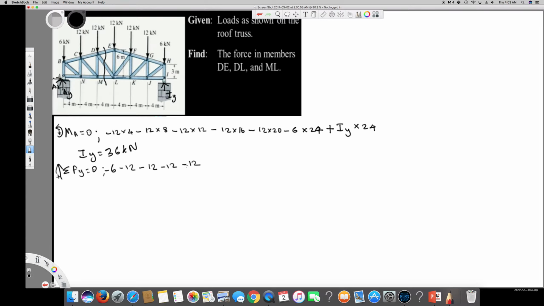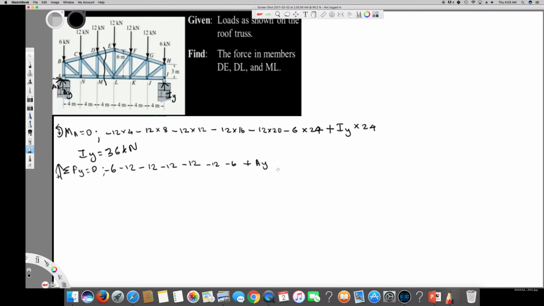We can simply write 12 times 5 minus 12 times 5 minus 6 times 2, or you can write it like this, same thing. And Ay is acting upside, so it's going to be positive Ay.